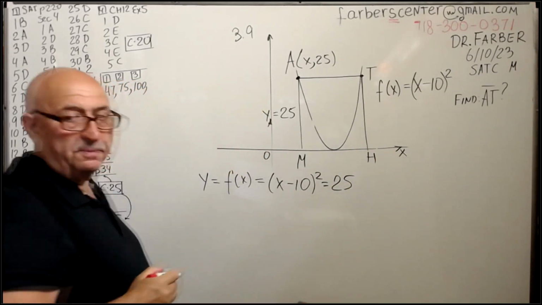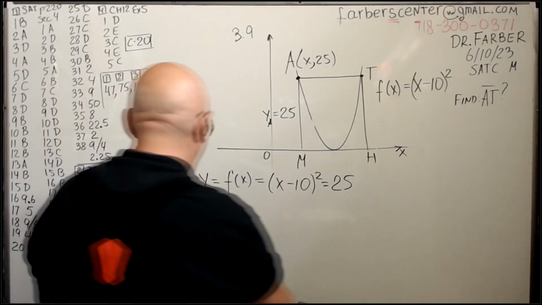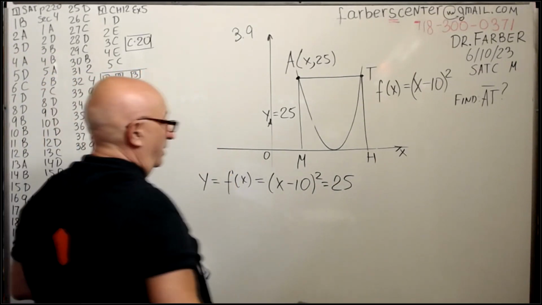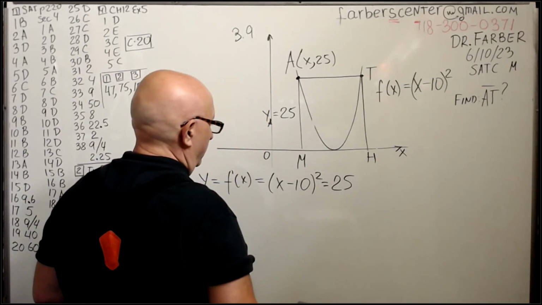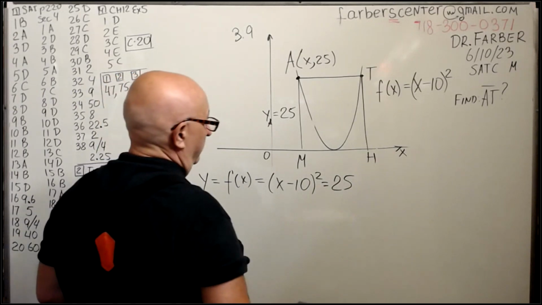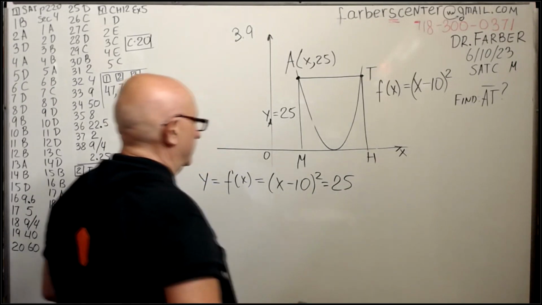So far, so good. Any questions? If it equals to 25, you can either write expanded form, or you can write x minus 10 equals to plus minus 5. Let me do step by step.